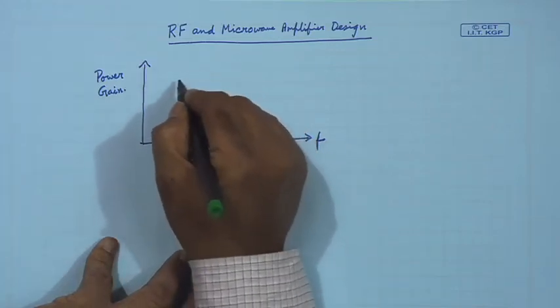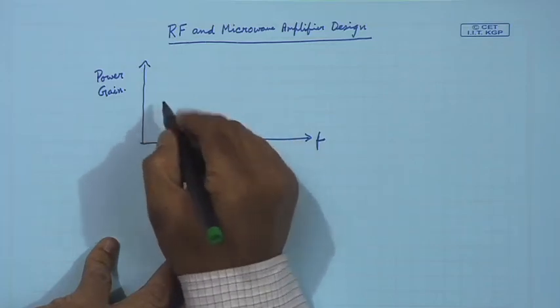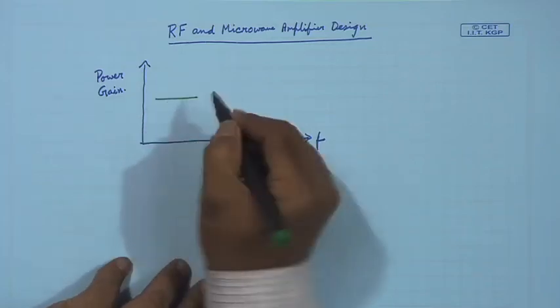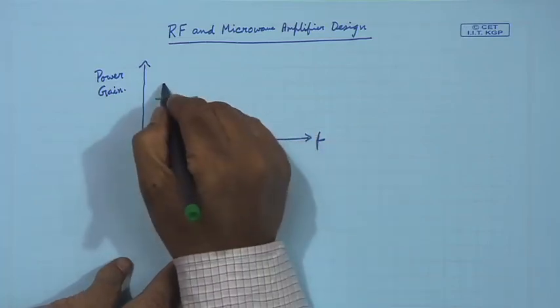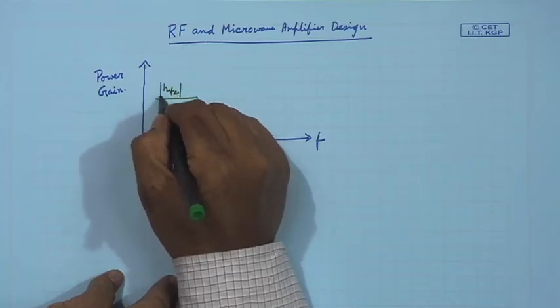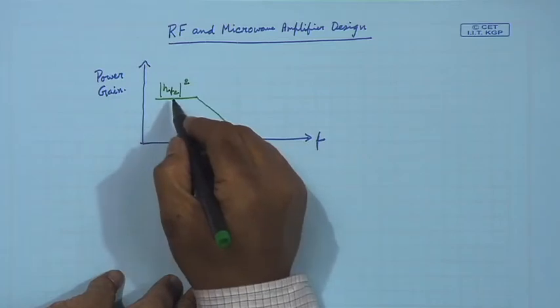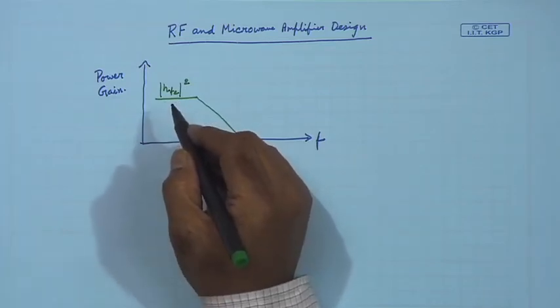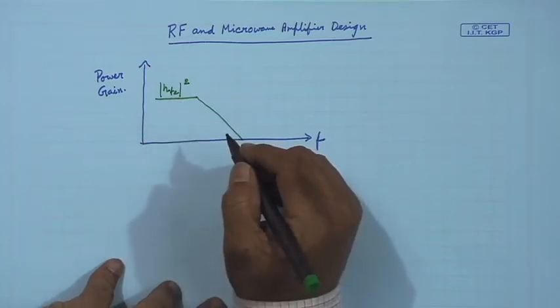So, generally that power gain at low frequency is something like this. This is generally HFE square. So, this HFE is the short circuit current gain.